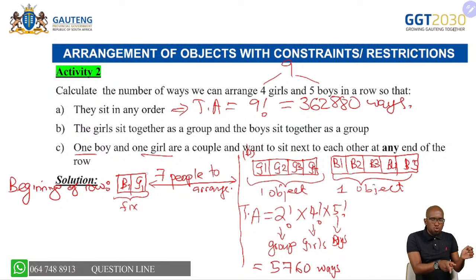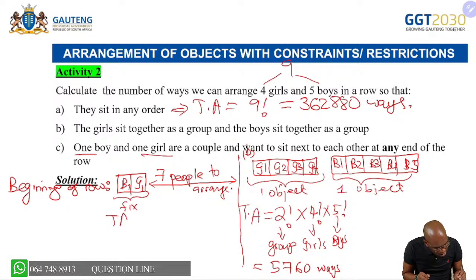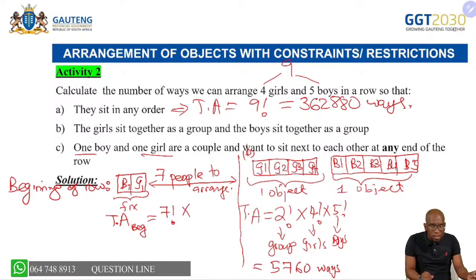So we need to arrange the 7 remaining people. The total arrangement for the beginning, with 7 people to arrange, I can do in 7 factorial ways.